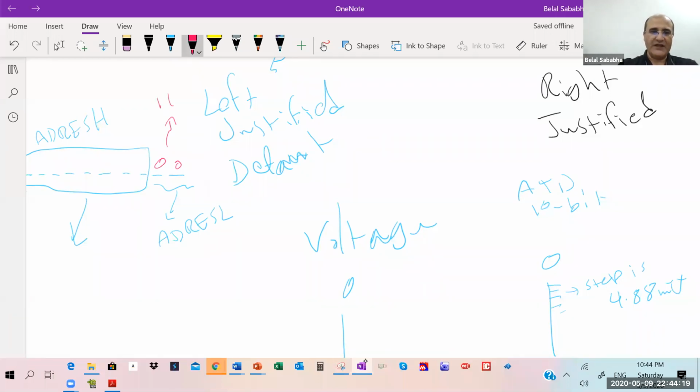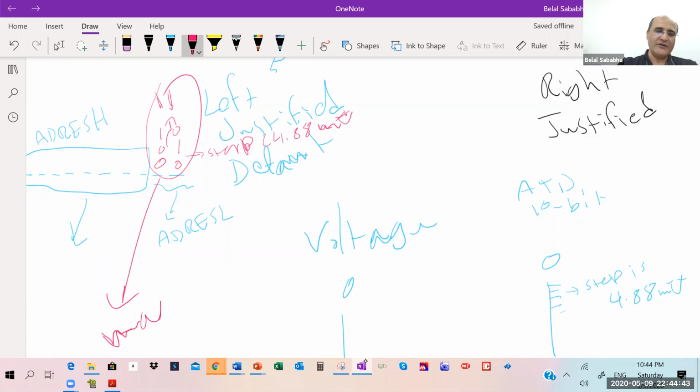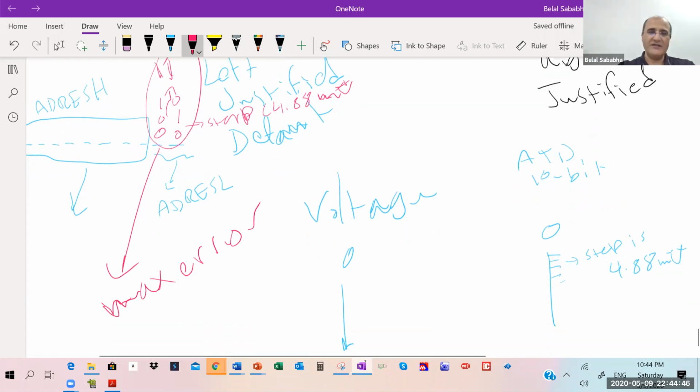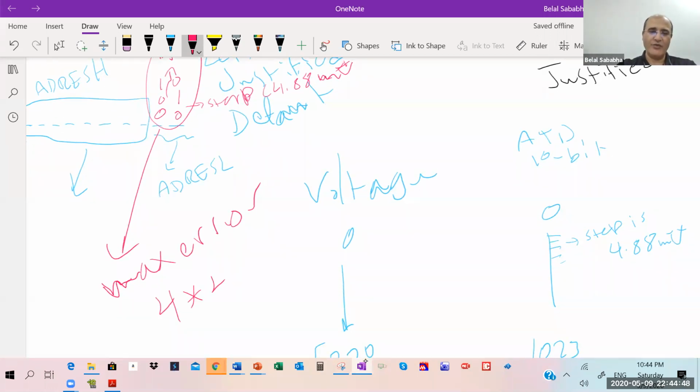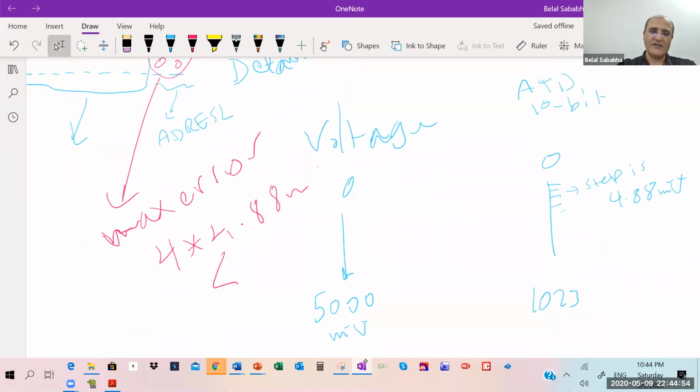If each step is 4.88 millivolts, and the error bits were 1 1 and I ignored them and treated them as 0 0, the maximum error in the worst case is 4 times 4.88 millivolts, a number less than 20 millivolts that you can probably ignore.